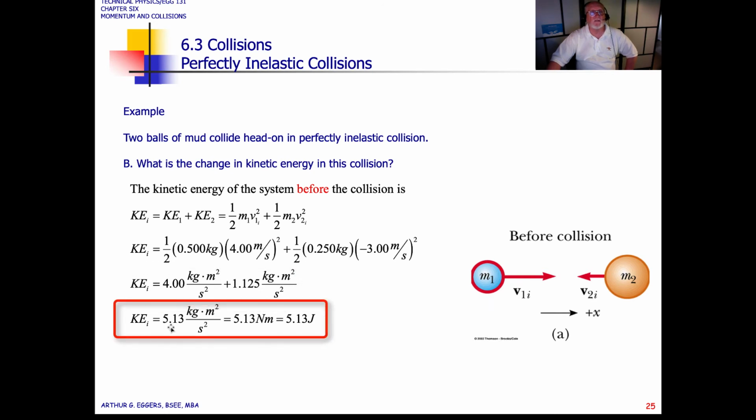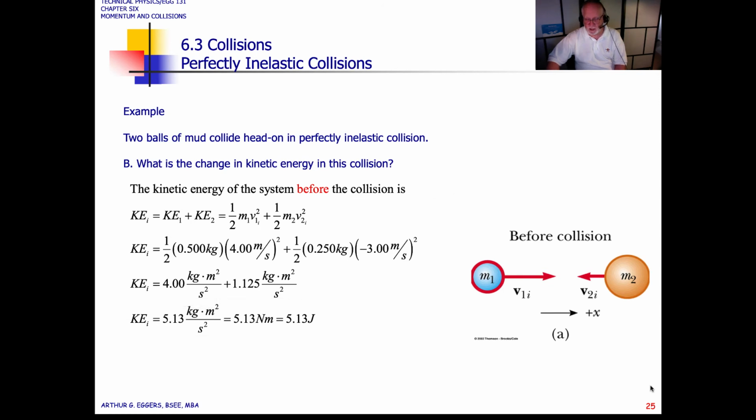We get 5.13 kilogram meter squared per second squared. Remember, I told you you're going to see these things resolved and decomposed and put back together. That gives us 5.13 Newton meters, which we now know a Newton meter is a joule, 5.13. So that is the kinetic energy of the system before the collision.